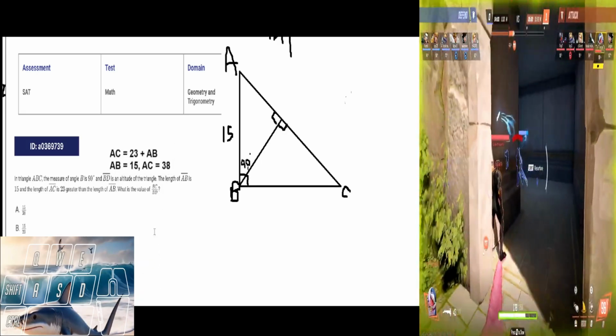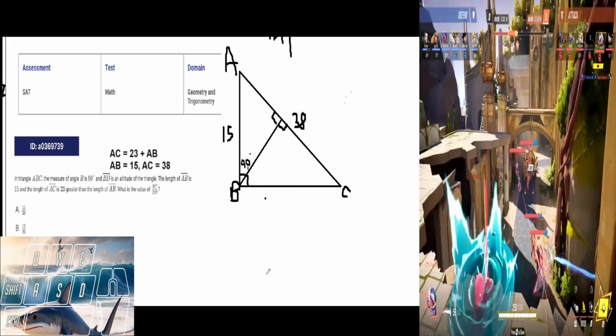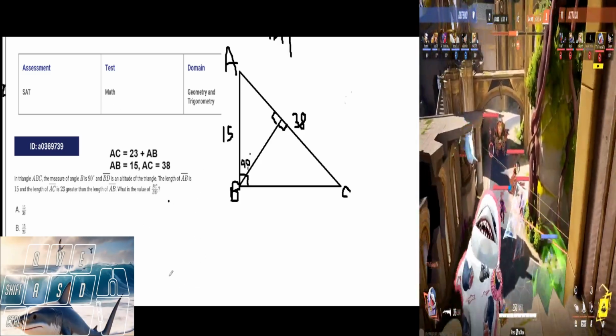Good job. Now it asks for the length of BC over BD. Hold on, I forgot to write AC equals 38. Alright, so first of all, we need to find BC, okay?